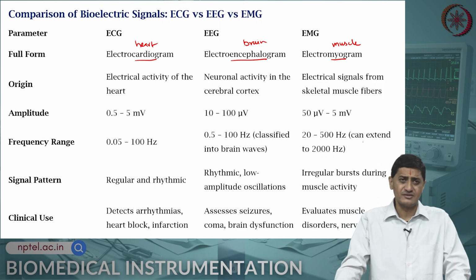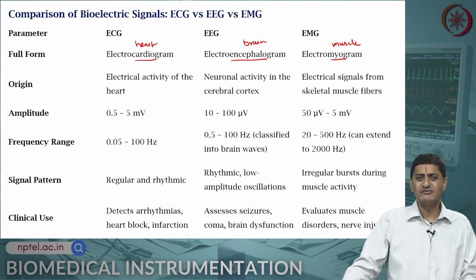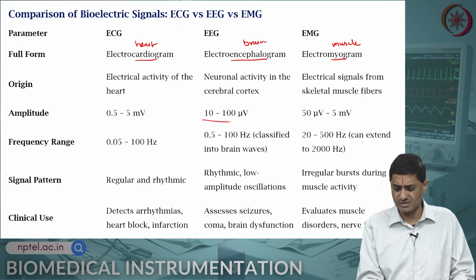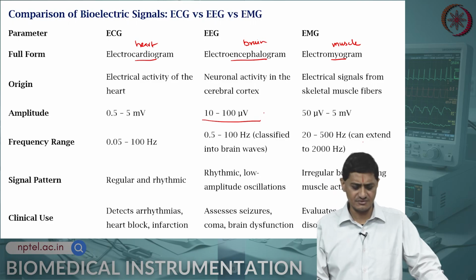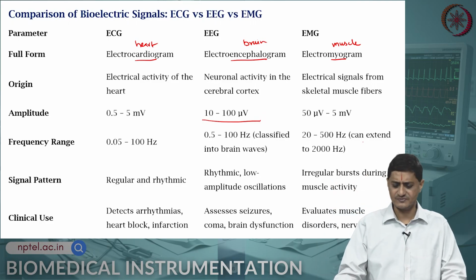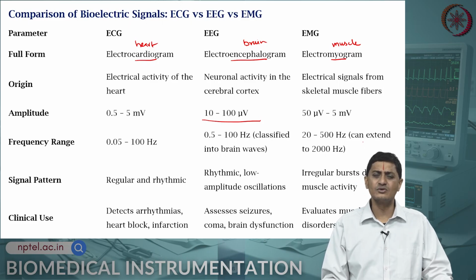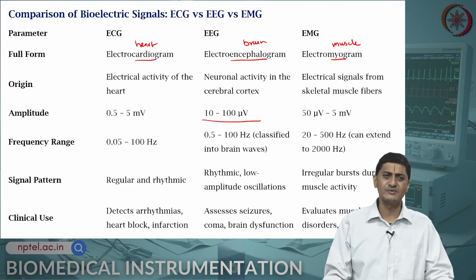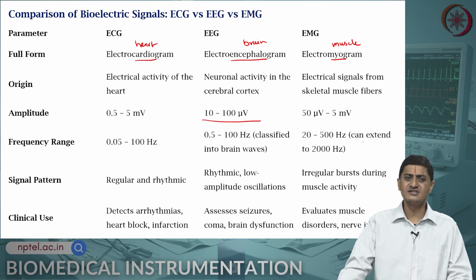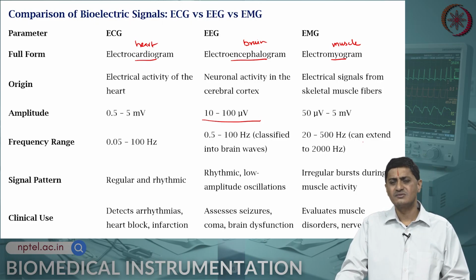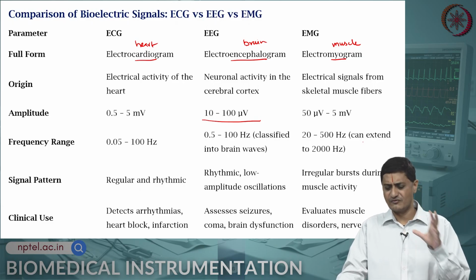Typical amplitudes of ECG are between 0.5 and 5 millivolts, whereas for EEG it is much lower, about 1000 times weaker than ECG, at 10 to 100 microvolts, whereas EMG is typically between 50 microvolts and 5 millivolts. The frequency range of ECG is between 0.05 hertz and 100 hertz. So, that means there are substantial low frequency components.